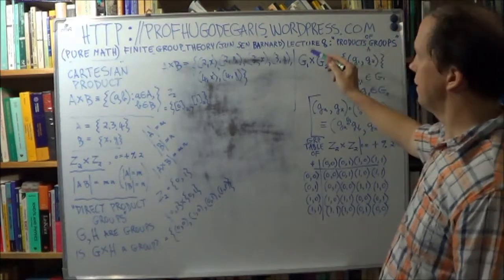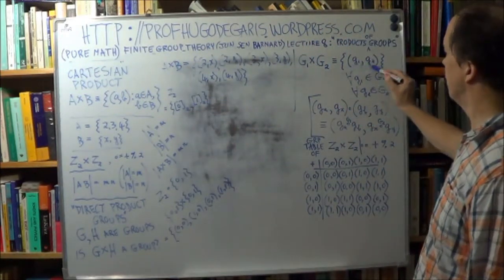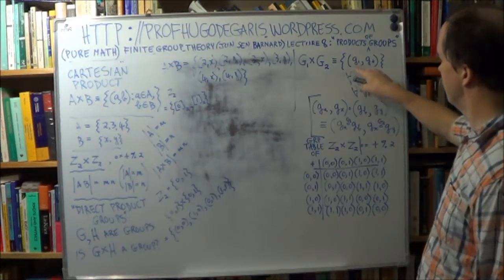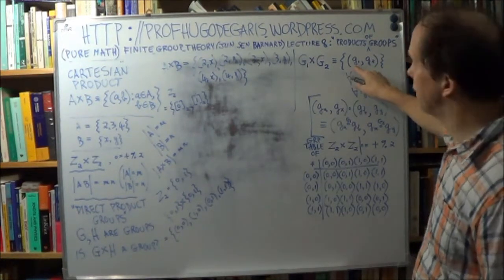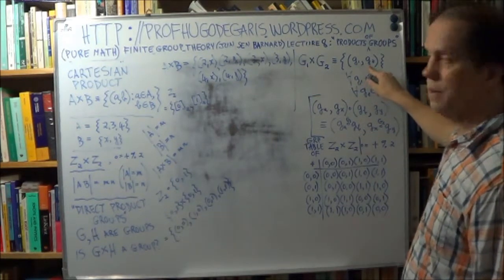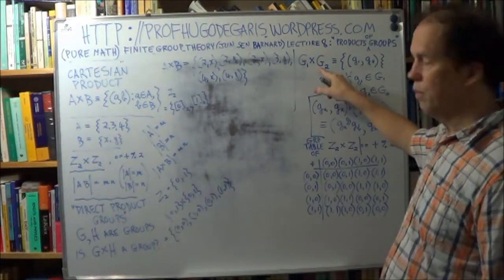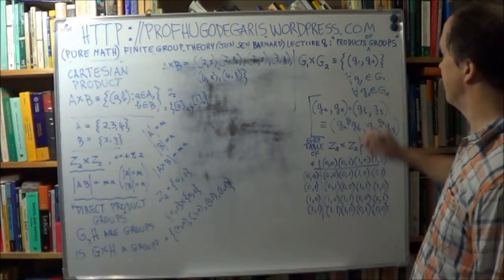So you take its Cartesian product, and remember it's the set of all ordered pairs. So little g1 is an element of big G1, and little g2 is an element of the group G2, and you have all possible pairs.